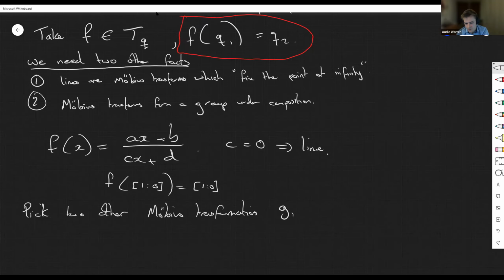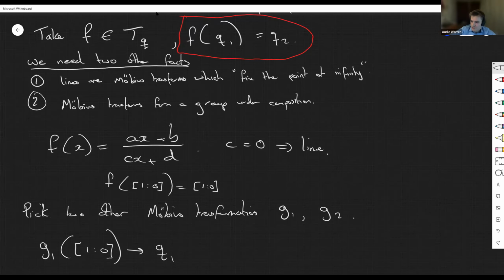Let's call them G1 and G2. Now they're only picked with one restriction in mind. G1 has to send the point at infinity, (1, 0), to Q1.